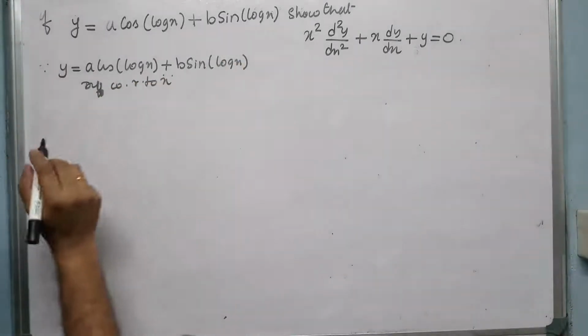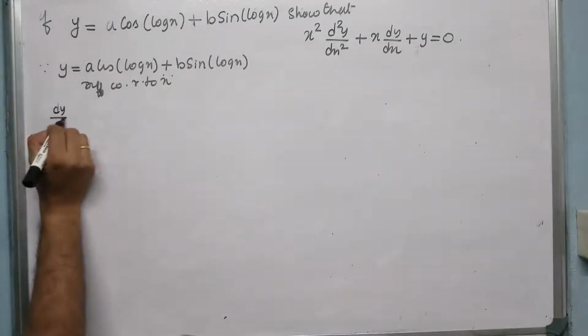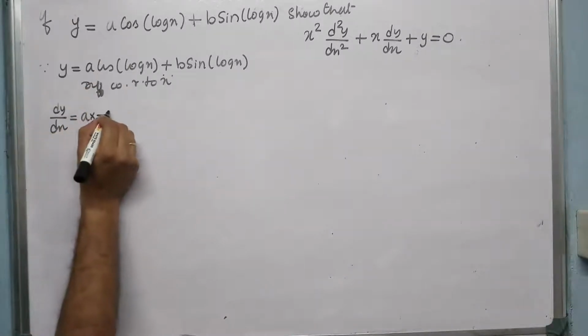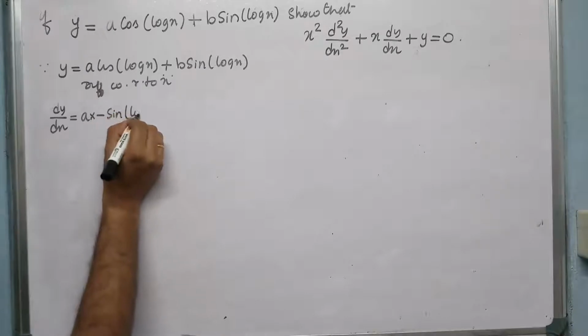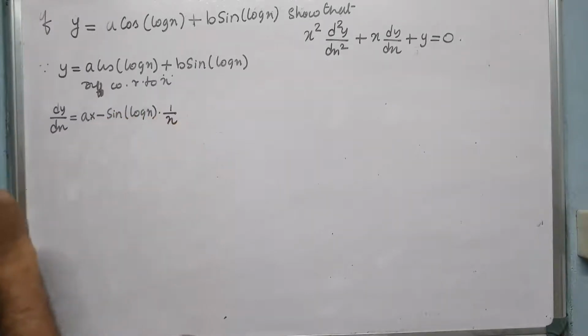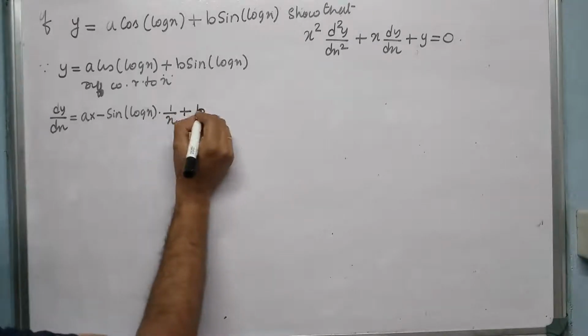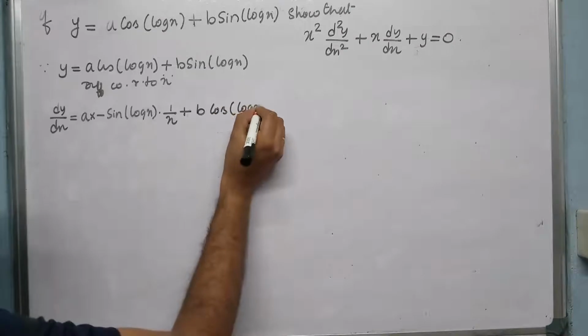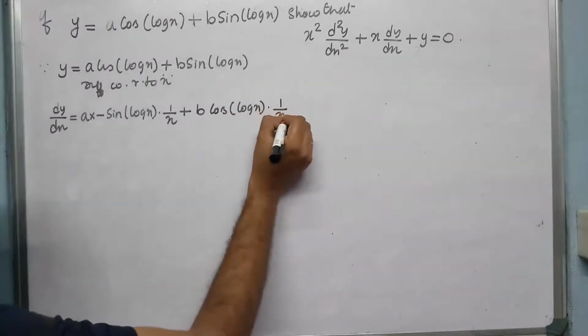In this question dy by dx is given, so I'll write dy by dx equals a, and the derivative of cos is minus sine log x into the derivative of log x, which is 1 over x, plus b, the derivative of sine is cos of log x and the derivative of log x is 1 by x.